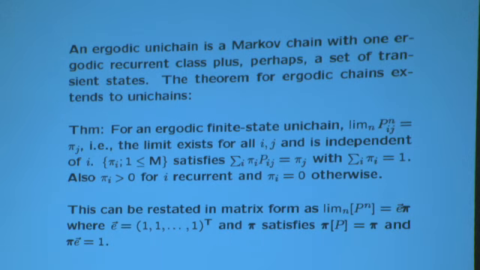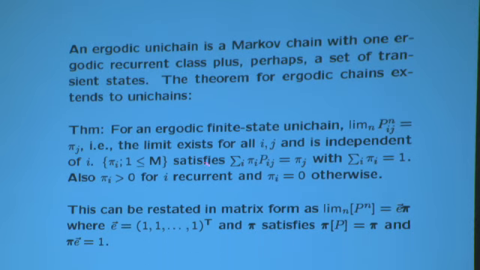In other words, if you start out in steady state and you look at the probabilities of being in the different states at the next time unit, this is the probability of being in state j at time n plus 1 if this is the probability of being in state i at time n. So that condition is satisfied. You just stay in steady state forever. And pi i has to be positive for recurrent i, and pi i is equal to 0 otherwise.